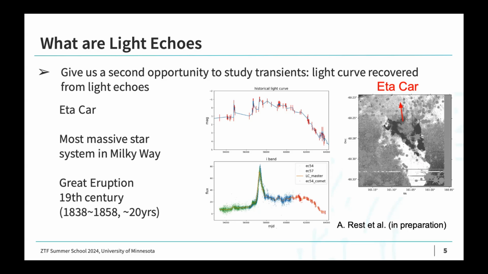We only have some visual estimations, historical records of the changes in brightness. The top one is the estimate of brightness change recorded by people in the 19th century, and the light curves below are what we can reconstruct from these echoes by monitoring the changes of the flux at fixed positions.